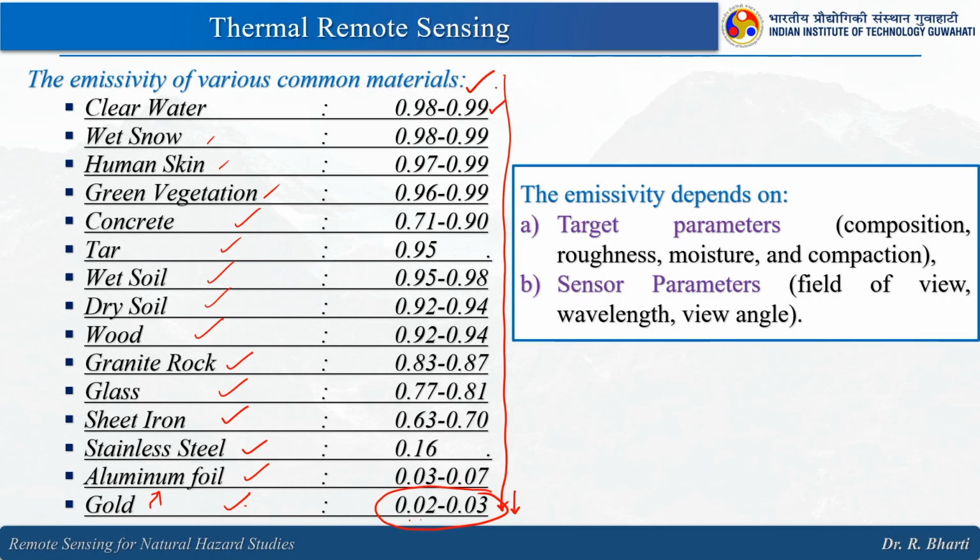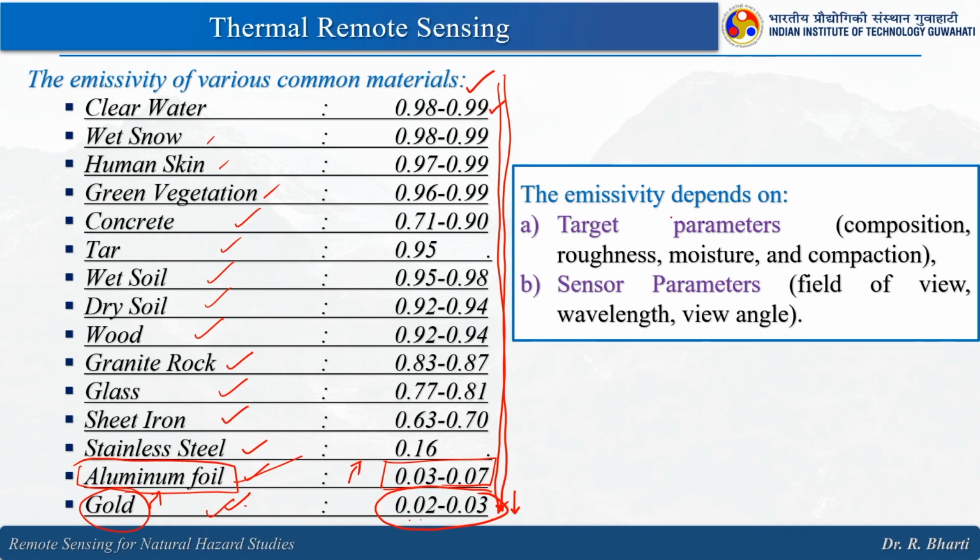So, if you have to choose which of the material is a good reflector comparatively, definitely you will say gold, or if you have to use this to design an experiment, then let us say gold is costly, then aluminum foil is the second option we have. So, the aluminum foil is also having very low emissivity, that means the high reflectance, right.